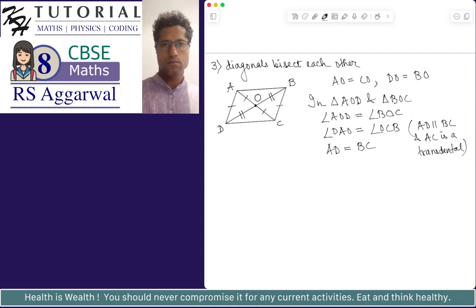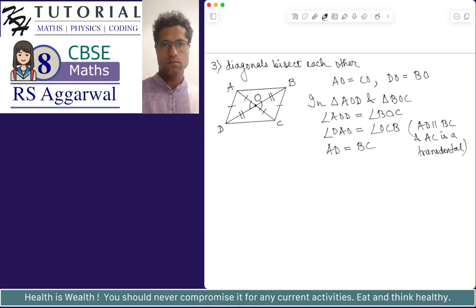So we have the angle AOD is equal to angle BOC because these two are vertically opposite angles. And we also have AD is equal to BC, since they are the opposite sides of the parallelogram, and we know that in the parallelogram the pair of opposite sides are equal.